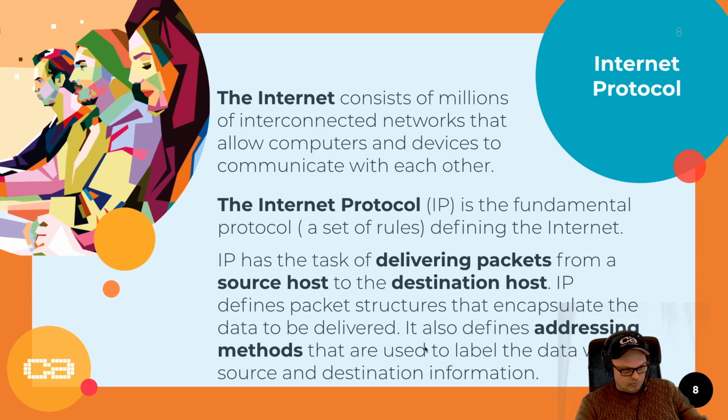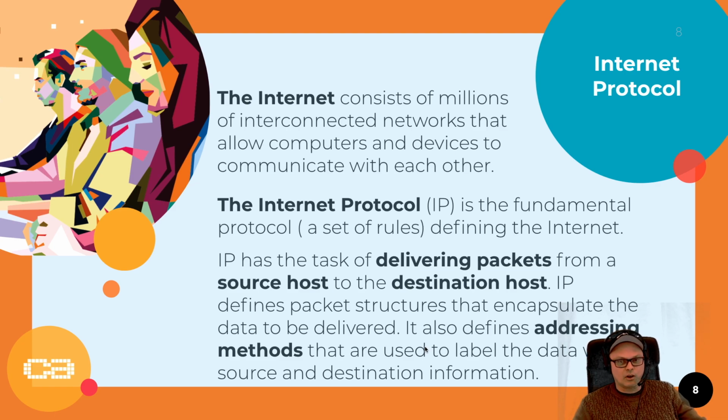And again, the internet. A quick thing about the distributed network. Now, the internet is made up of millions of interconnected computers, or other small networks, actually, that allow computers and other devices, as we already spoke, to communicate with each other. And all of that is made possible because there is a specific protocol that makes it possible.